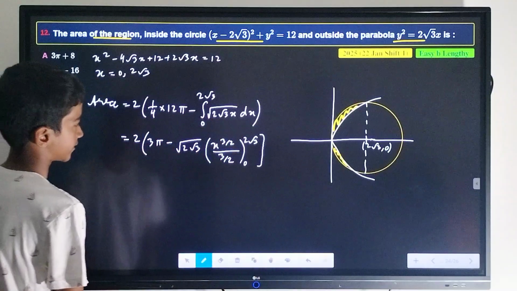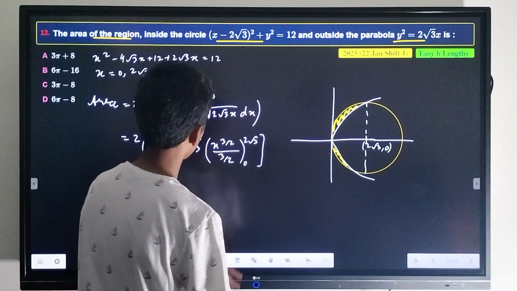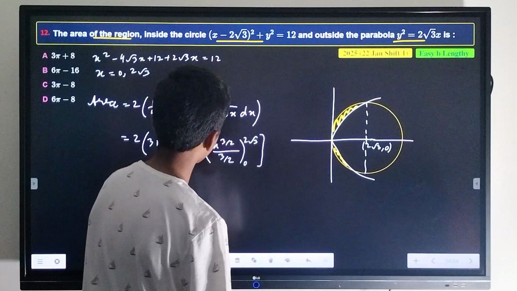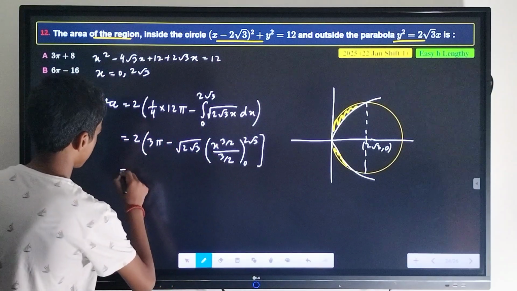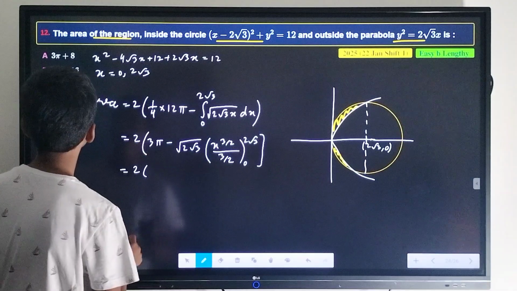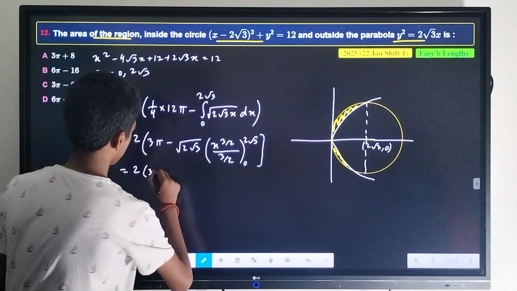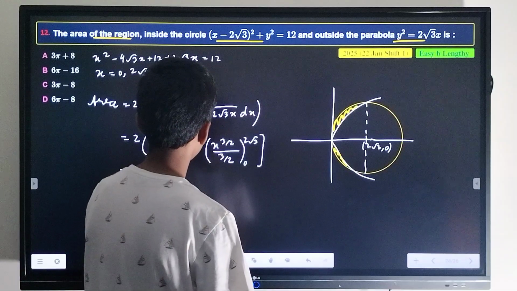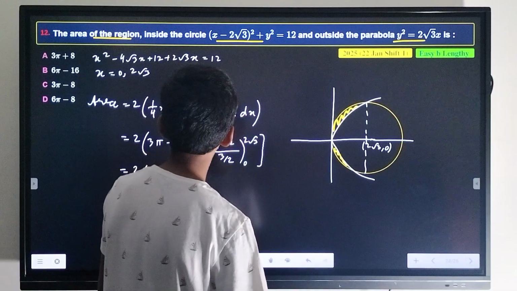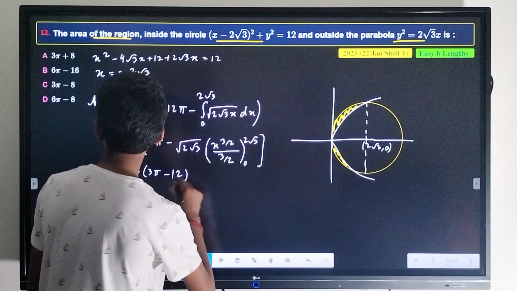So we will get 2 root 3 raised to power 3 by 2 plus 1 by 2. So 2 root 3 whole square. This is equal to 2 multiplied by 3 pi minus 2 root 3 whole square, which is 12.